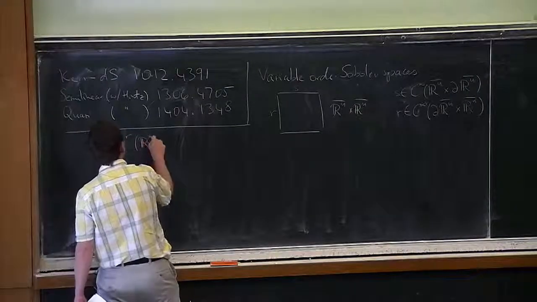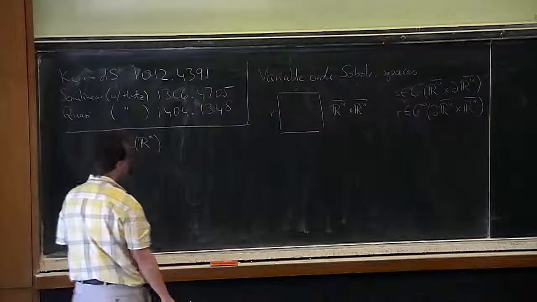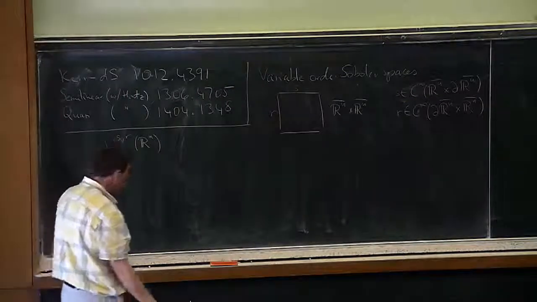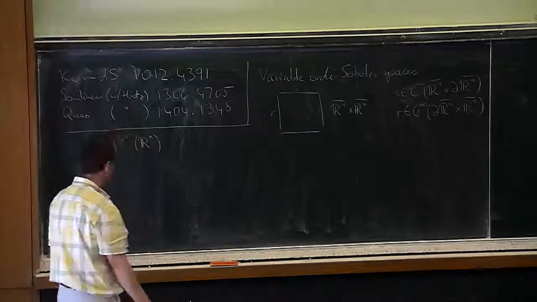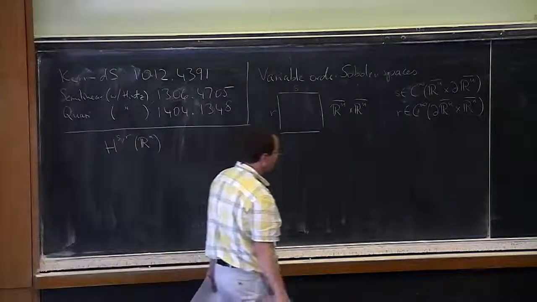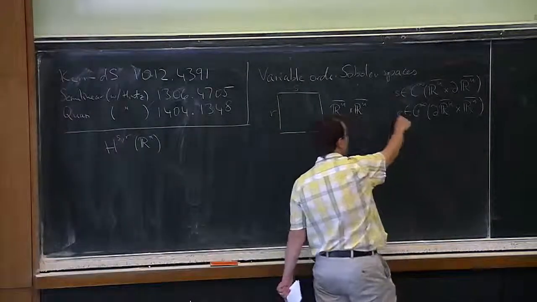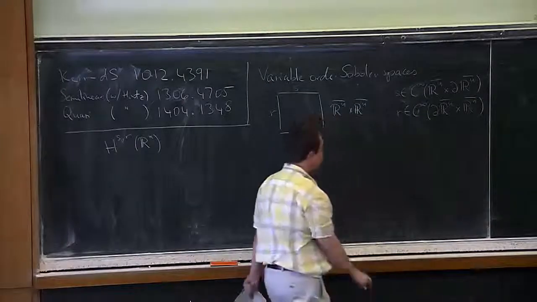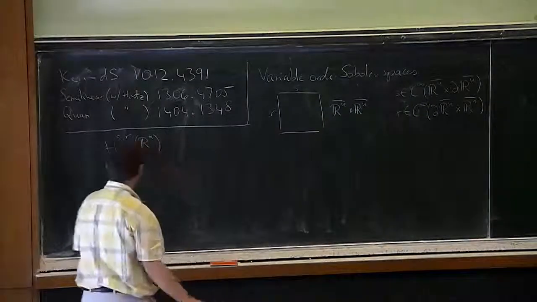Where these are now functions. Basically what you want to say is that these are tempered distributions such that if you apply to them a pseudodifferential operator of order s, r, we have talked about variable order pseudodifferential operators, then you land in L2.